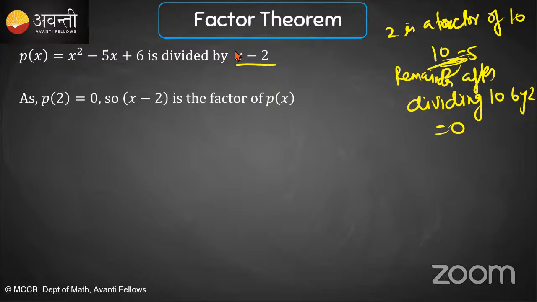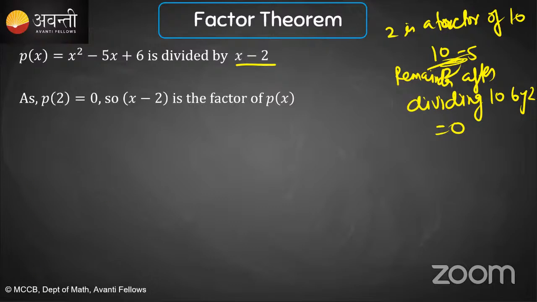See, if I say x minus 2 is a factor of this x square minus 5x plus 6, then how can I verify it? Divide by x minus 2 and find the remainder. If the remainder is 0, then you can say that it is a factor. Yes or no?